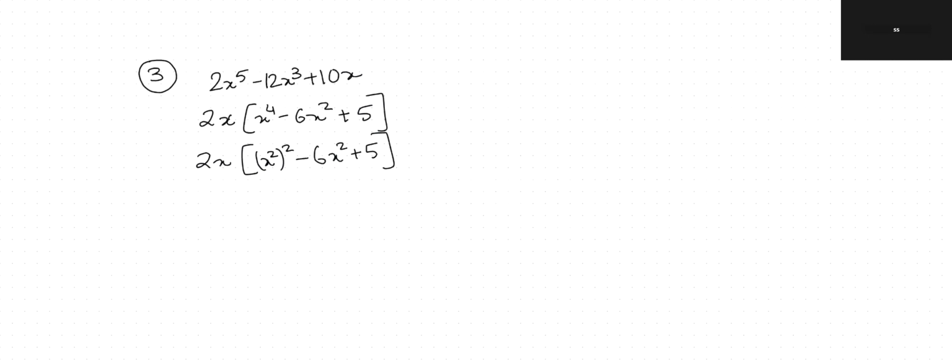Now we can put this negative x squared in such a way that we find the factors of 5 such that they add up to -6.